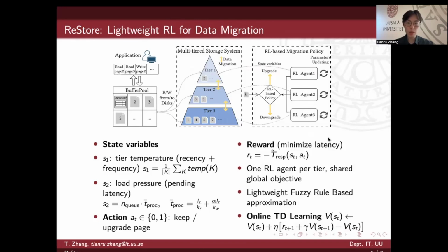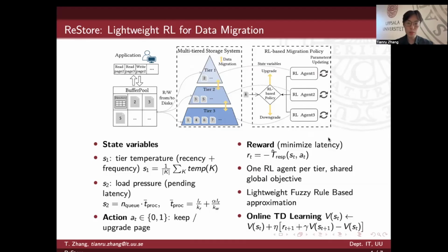And then the action upon each migration decision is whether to move or not. Since the ultimate objective is to minimize the system latency, we define the reward as the negative of the estimated response time. So maximizing the reward by reinforcement learning will lead to a minimized latency.